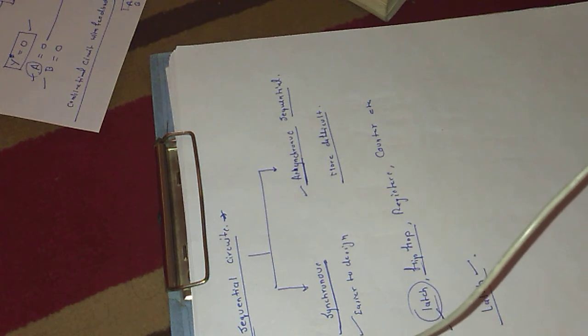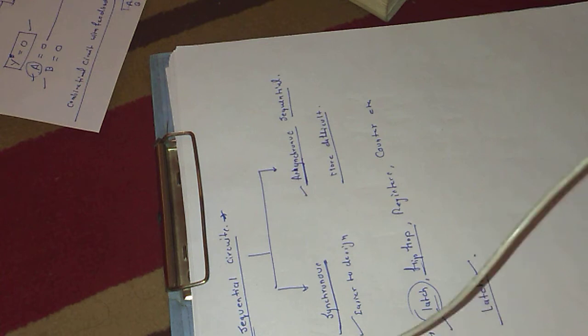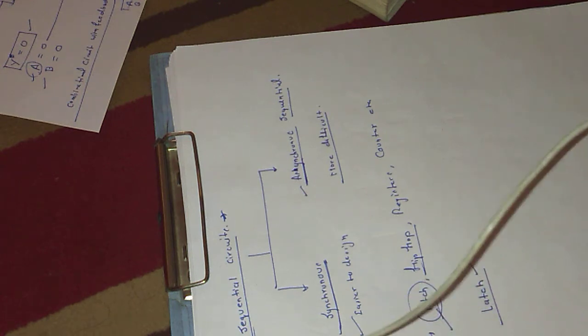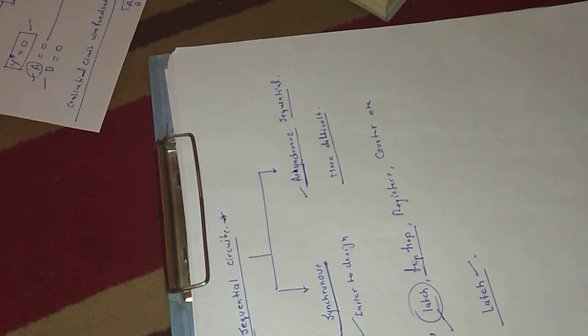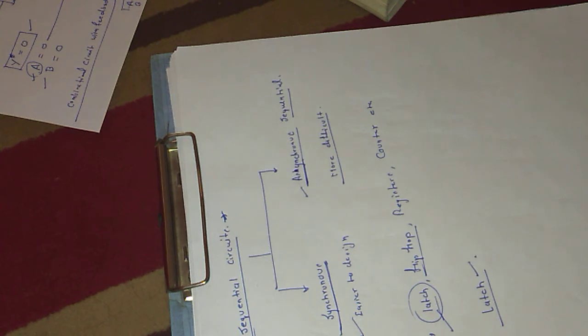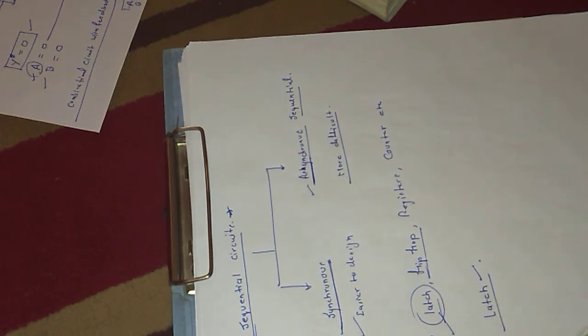It can remain in either of the states indefinitely. Its state can be changed by applying the proper triggering signals. It is also called a binary or one-bit memory. So basically latches and flip-flops are both used for storing a single bit, either 0 or 1.